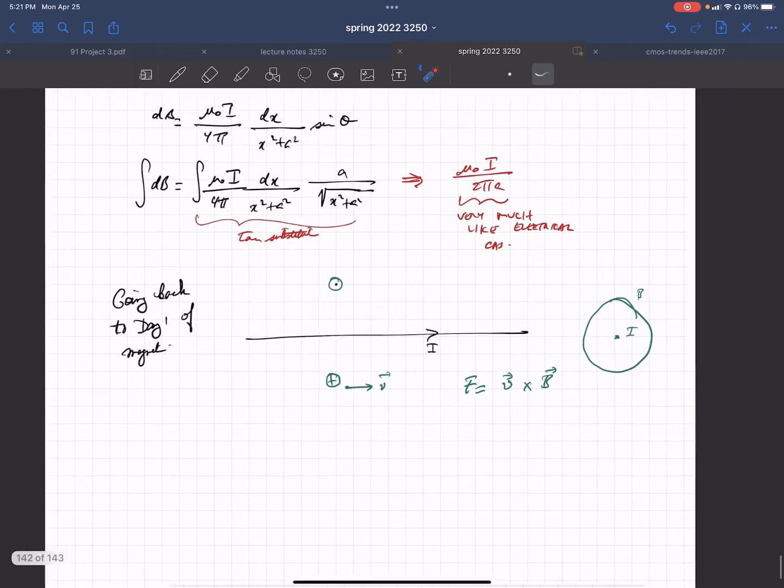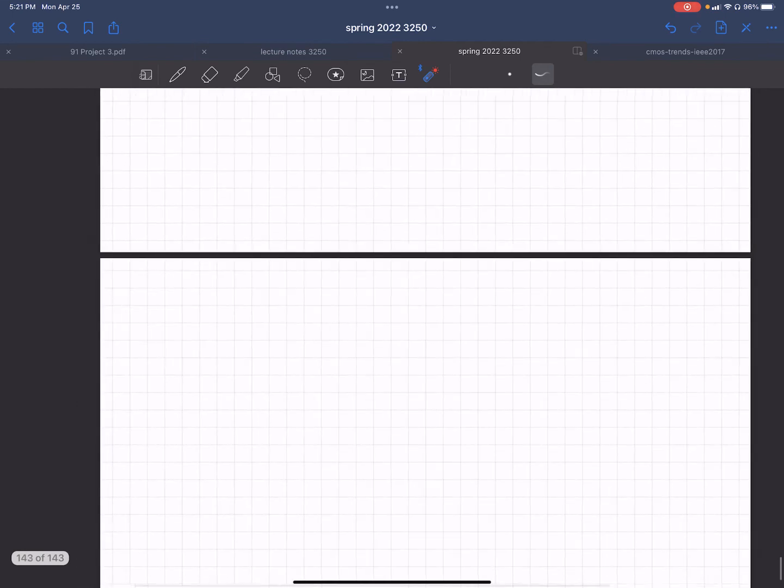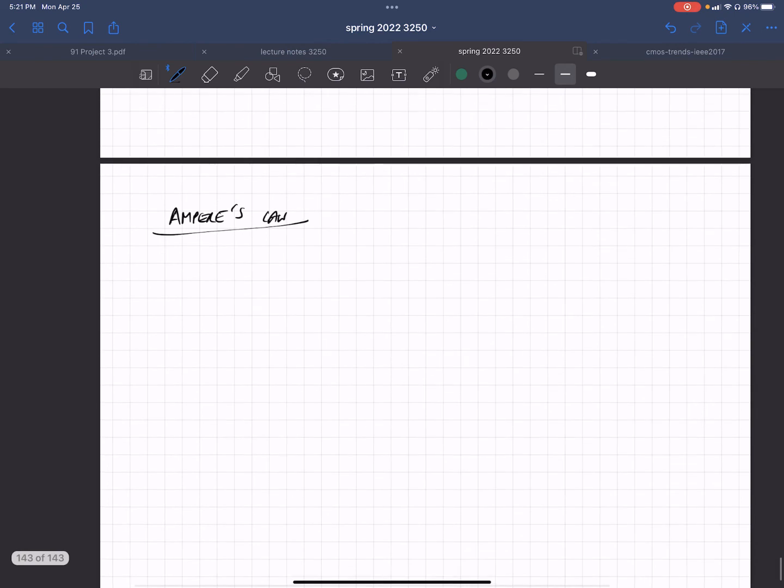We have something like that for magnetism as well, and that's called Ampere's law.